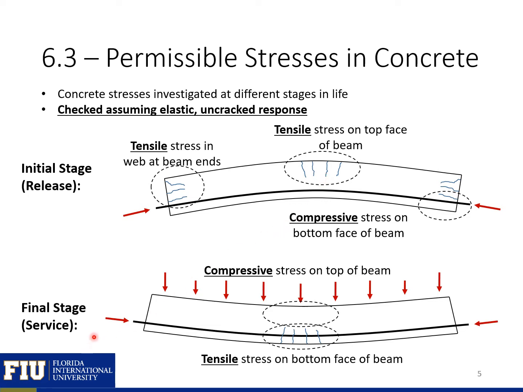Typically, we also need to check our service stresses, and typically our tension at the bottom face of the beam will control. We can also check the compression at the top face, but that typically won't control.